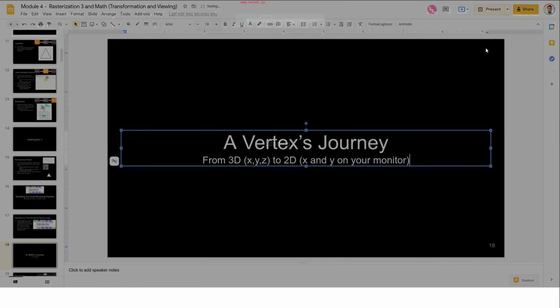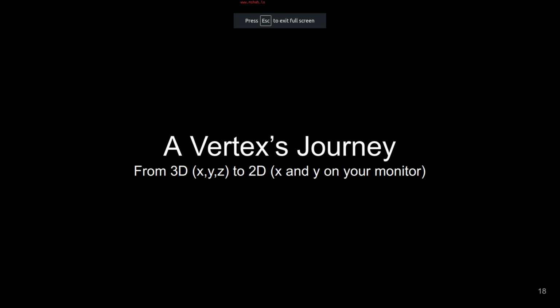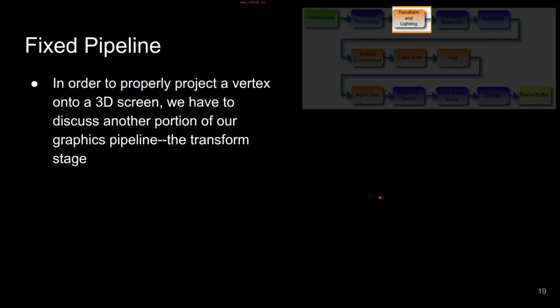That's really what I'm saying here, just to be really explicit about it, because we're going to specify our points in a 3D space, or 2D we can do as well, but really in this class we're doing X, Y, and Z, and then we want to see them on our monitor somewhere. Okay, so there's this stage that we didn't talk about two modules ago, to jog your memory, the transform and lighting stage. And I want to at least talk about the transform stage right now.